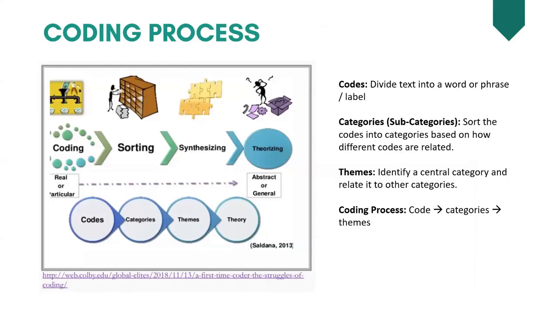Now, the coding process is kind of simple. What we're really trying to do is take data and break it up into words, phrases, labels, ideas, and then sort how these relate to each other within a single unit or a single conversation, but we're also synthesizing how that relates to other people's discussion of the same ideas.